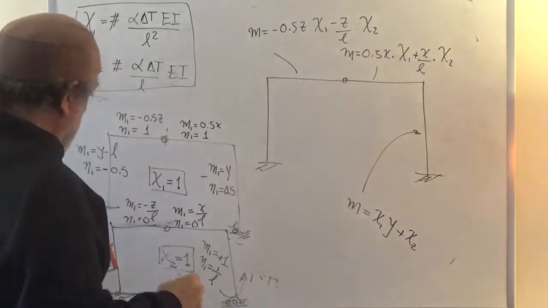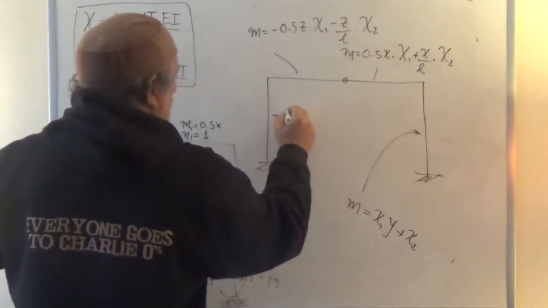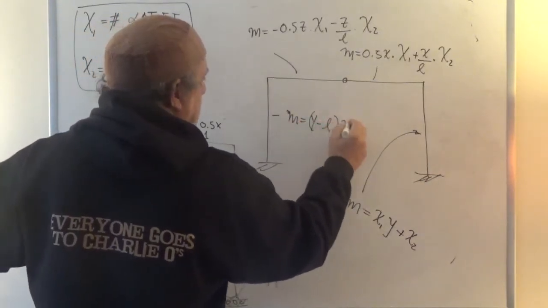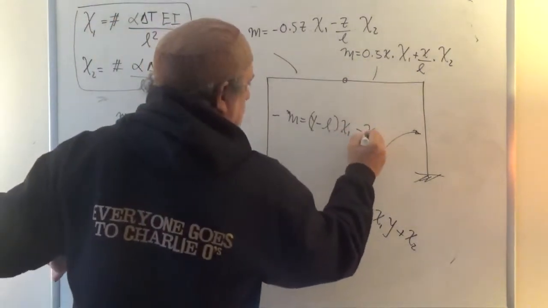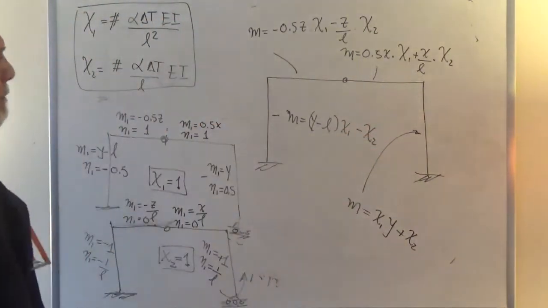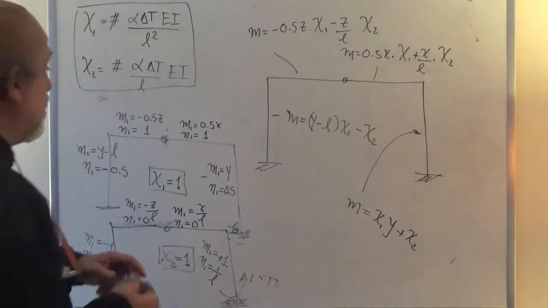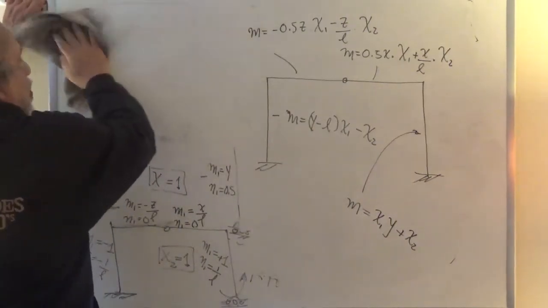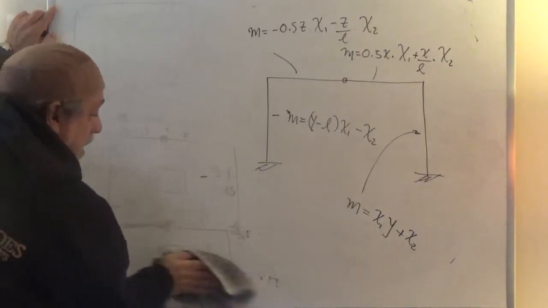And on this bar, the moment is y minus L times x1 minus x2, right? So I don't have to go back and do anything if I don't want to. I can just simply multiply the sketches times their appropriate factors and add them up if I want to, right?